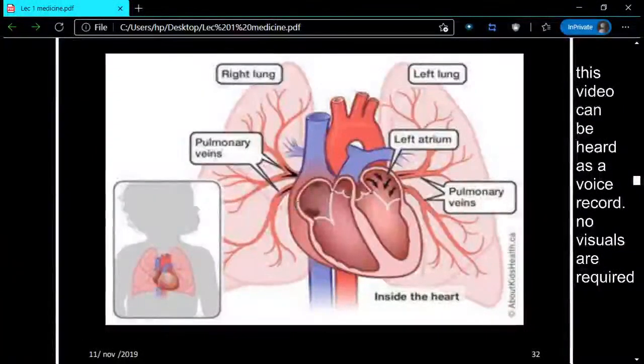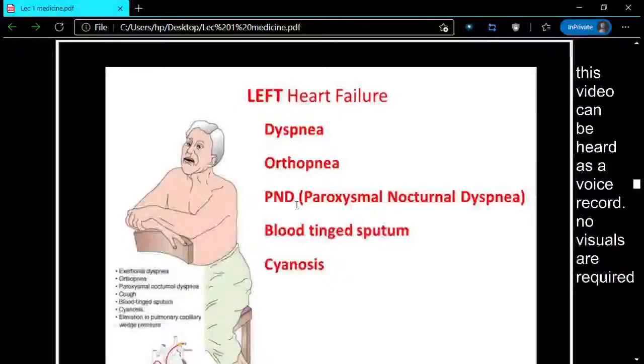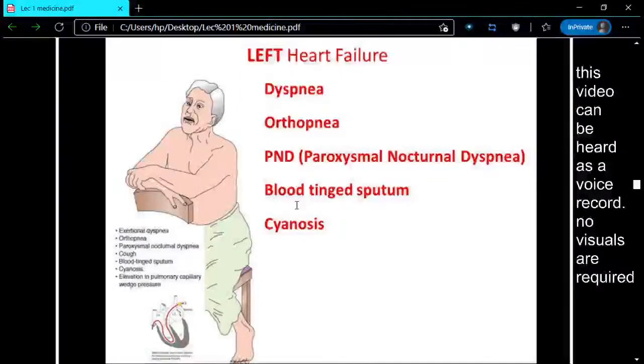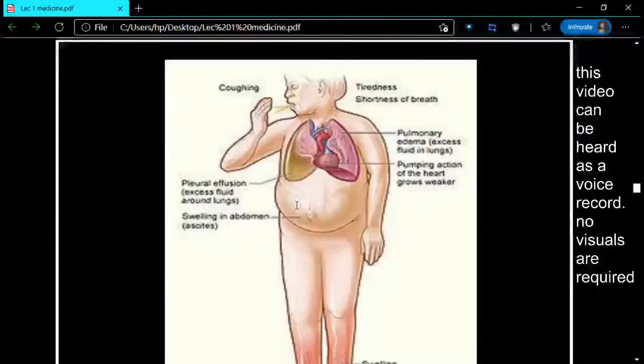This is the right lung and the left lung, pulmonary veins, left atrium, also involved in heart failure. We have all studied these symptoms and signs of left heart failure: dyspnea, orthopnea, PND, blood-tinged sputum, and cyanosis.